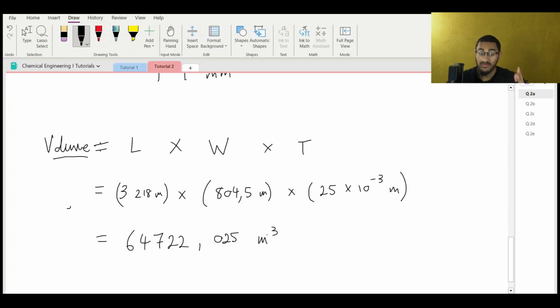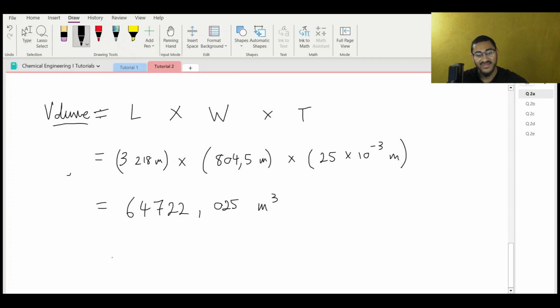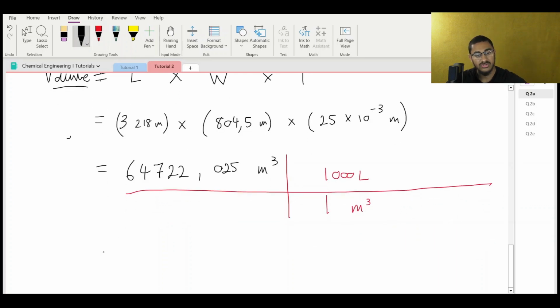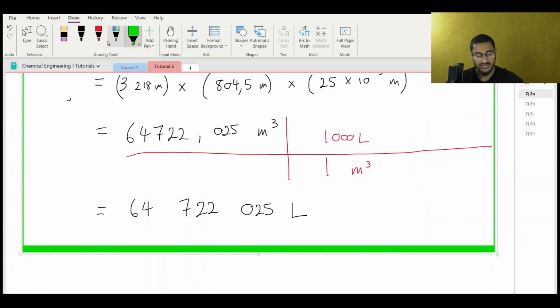All right, now I want you to remember the story about the 1,000 liters of milk. So let's convert this. And I'll do this in red pen so you can see where the changes are coming in. Remember that 1 cubic meter is exactly the same as 1,000 liters of milk. And so when you do this conversion, that becomes 64,722,025 liters of oil.